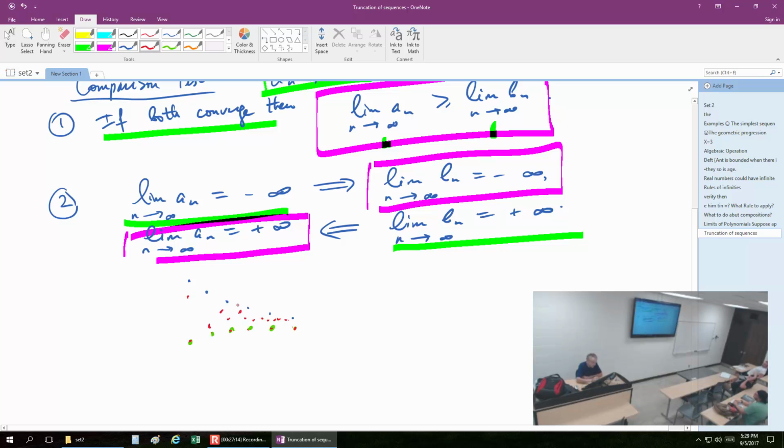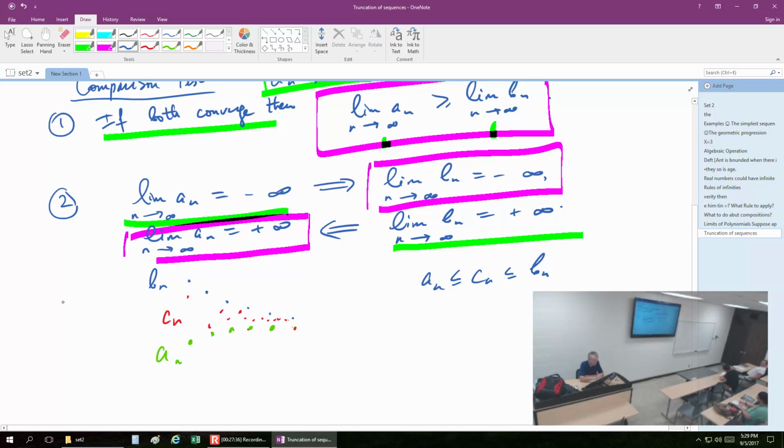Say this is Cn. An is the smallest, Bn is the largest, and this is the inequality. So I have the inequality: Cn squeezed between An and Bn.